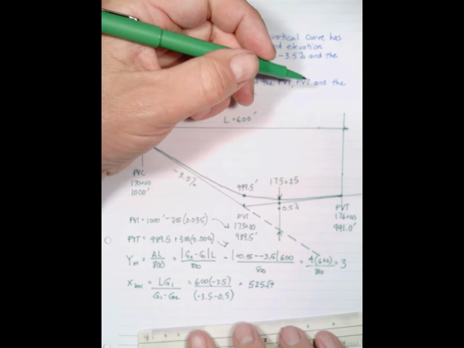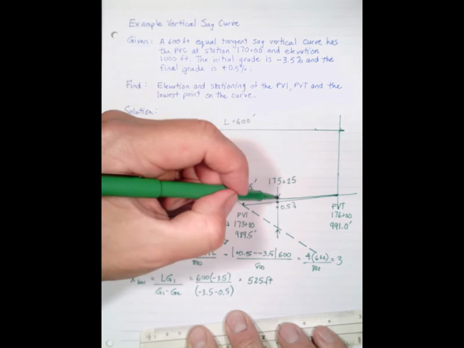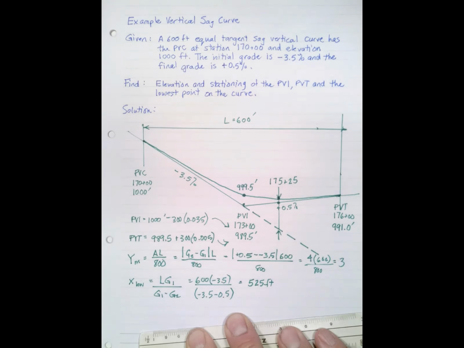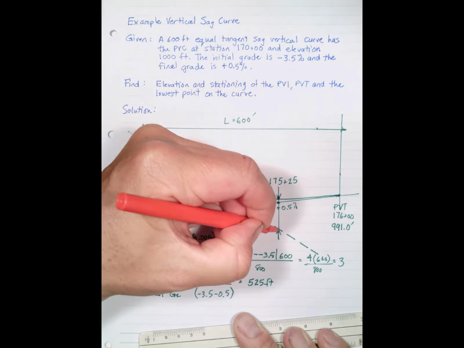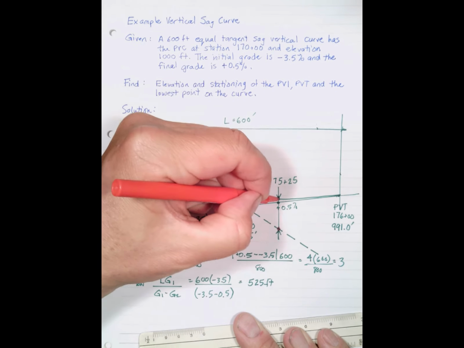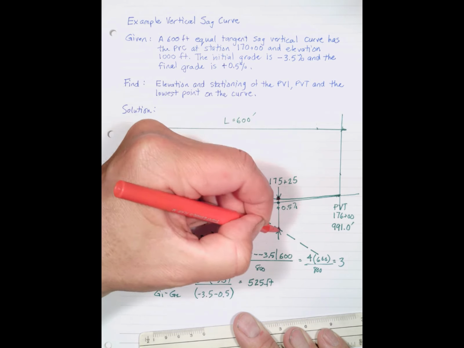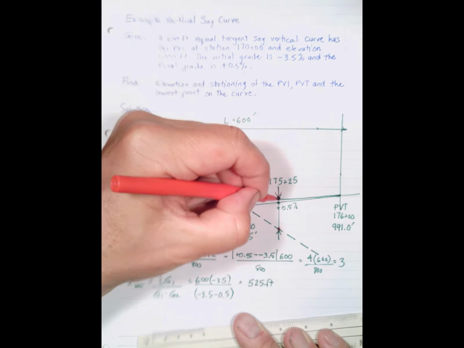So we're almost there. All we need to do now is calculate the offset for this low point location. Again, I want to emphasize that this offset is this distance here, from the extension of the tangent to the curve itself.